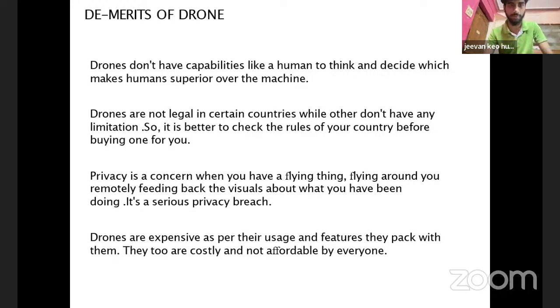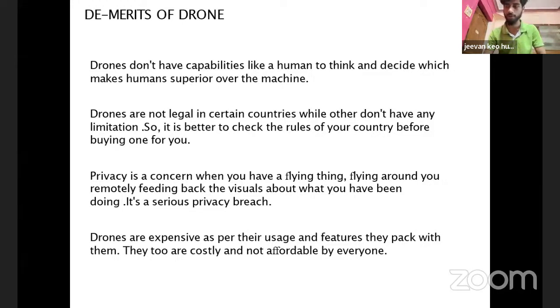These are some demerits of drones. Drones do not have the capabilities of a human to think and decide, which makes humans superior over the machine. It means that drones don't think and make decisions. What a man can handle, a man will handle.